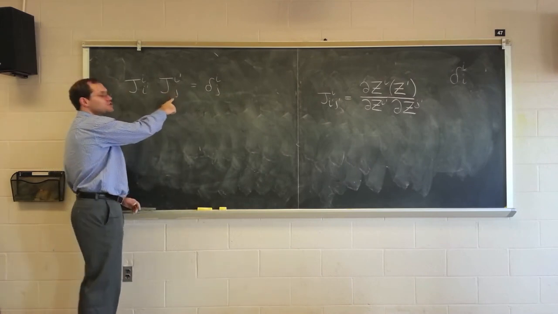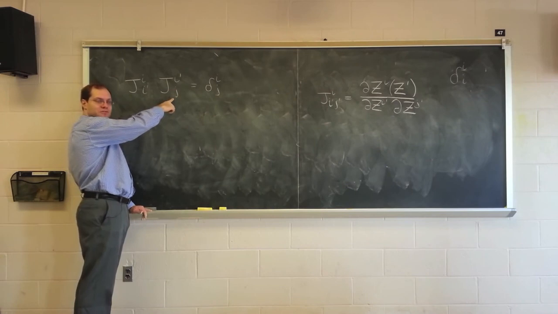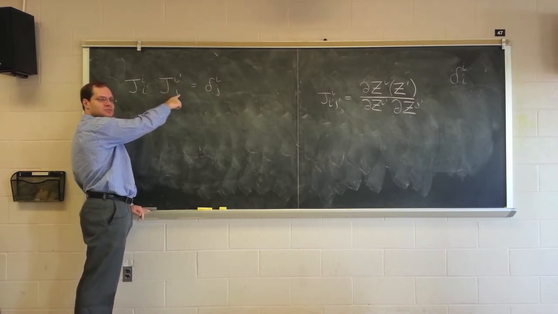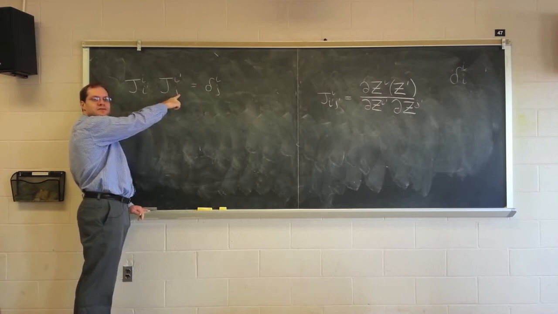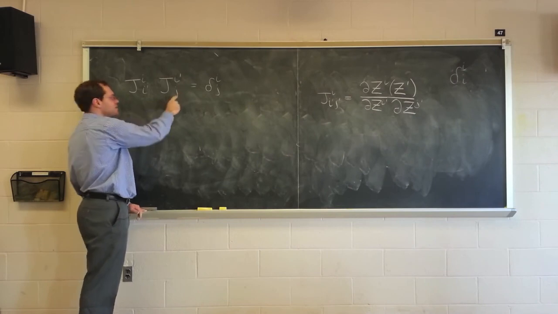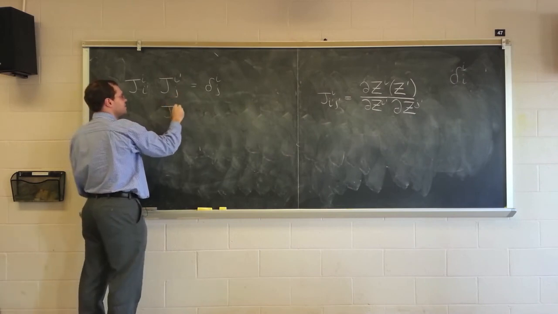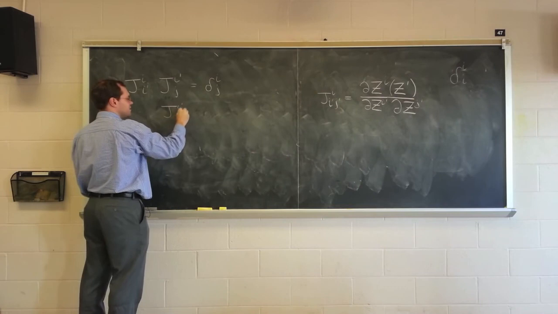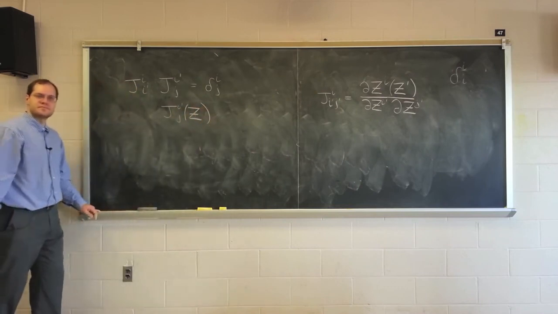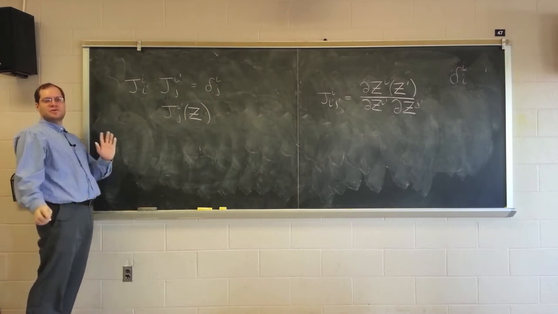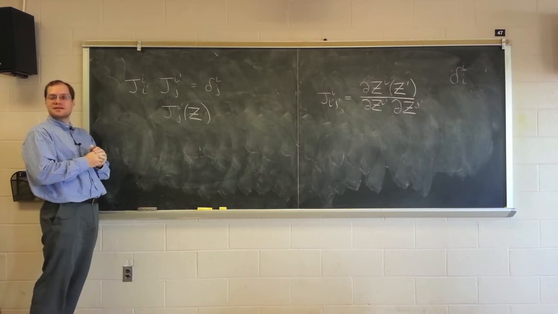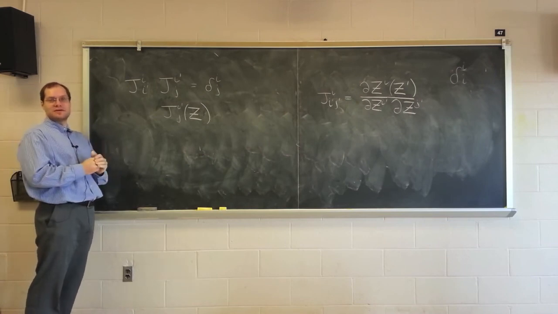So this guy right here is already naturally expressed in terms of the unprimed variables, because this was the derivatives of r's and thetas in terms of x's and y's. So this is already a function of the unprimed variables. So I can just write that this is J_i'^j as a function of z's. And don't worry about my saving you right now from making a few mistakes, because there is plenty more for everybody to make.